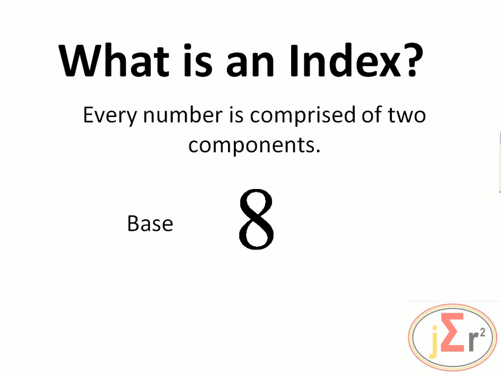So one component is the base, and then the other component is an index. So your regular numbers like 1, 2, 3, 4, 5, they also have their base and their indices. When you do not see an index, the index of a number is equal to 1.